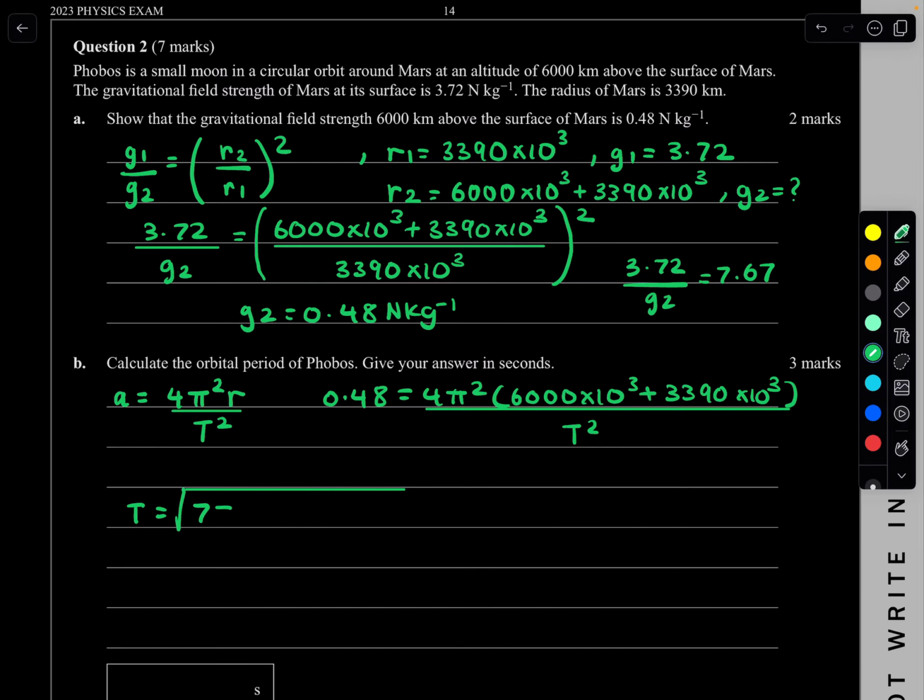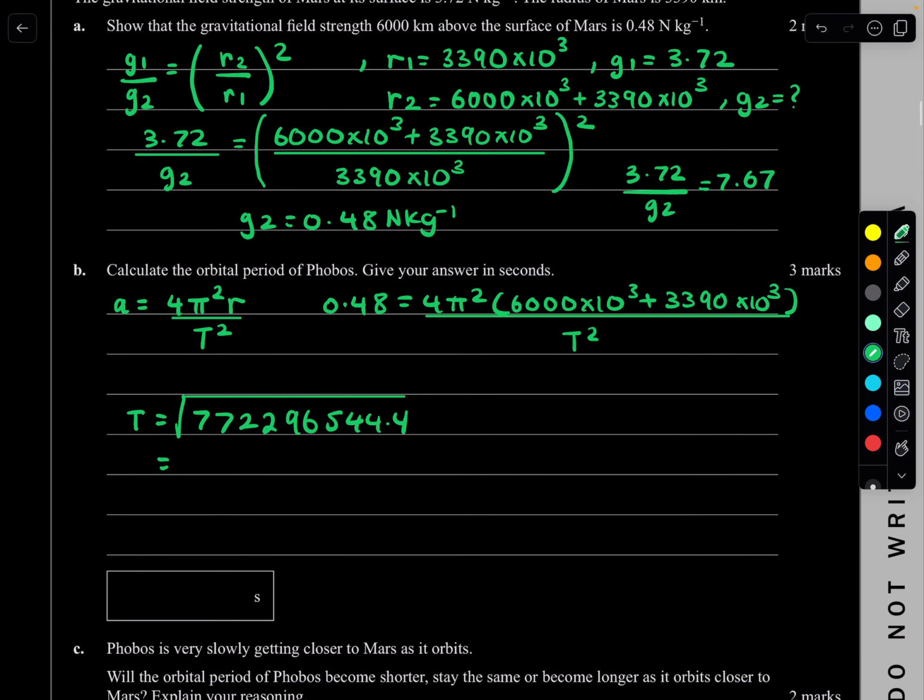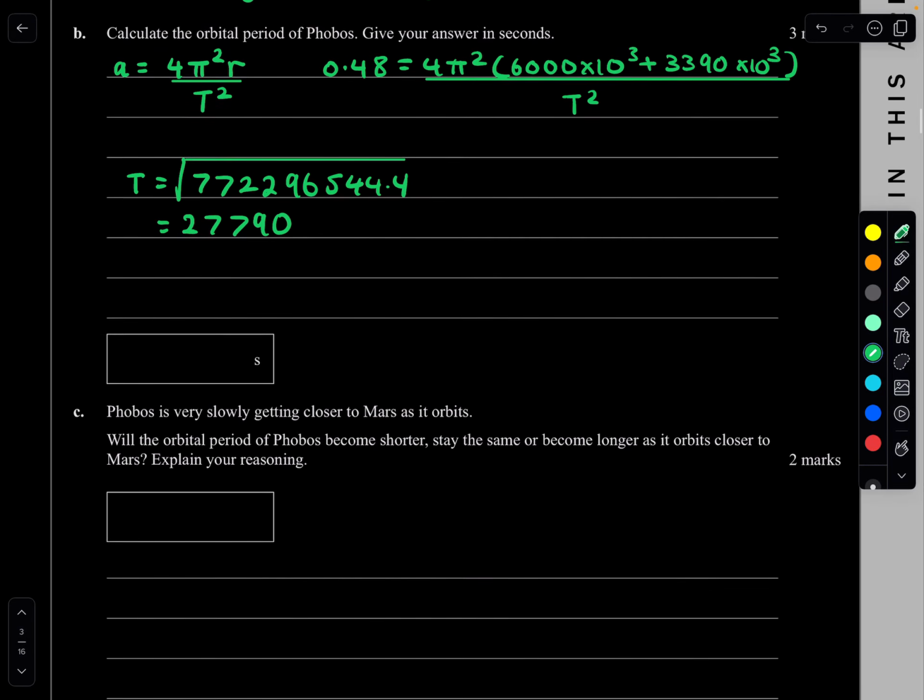So we're taking the square root of 772,296,544.4, and that gives me 2.27790 basically. Making that into 3 significant figures, that's 2.78 times 10 to the power 4 seconds. That's it. That's your period.